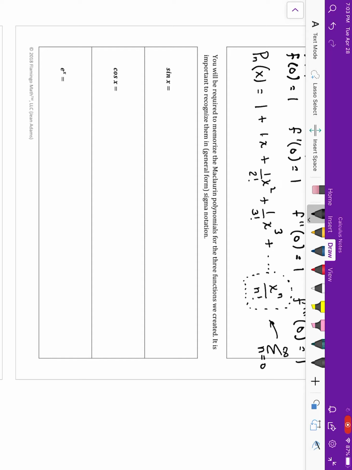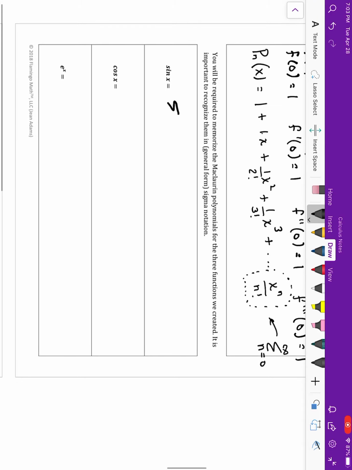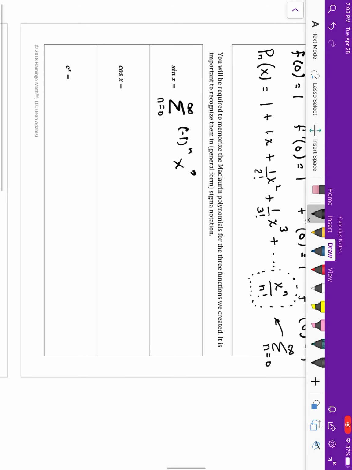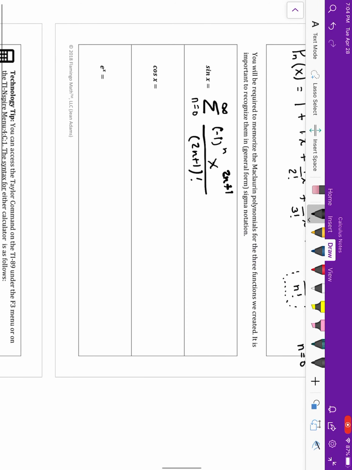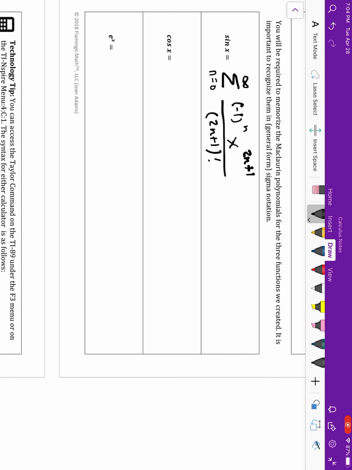So you will be required to memorize the Maclaurin polynomials for the 3 functions we created. It is important to recognize them in general form, sigma notation. So for this one, you're going to say summation n equals 0 to infinity. We've got our negative 1 to the n times our x to the 2n plus 1 divided by 2n plus 1 factorial.